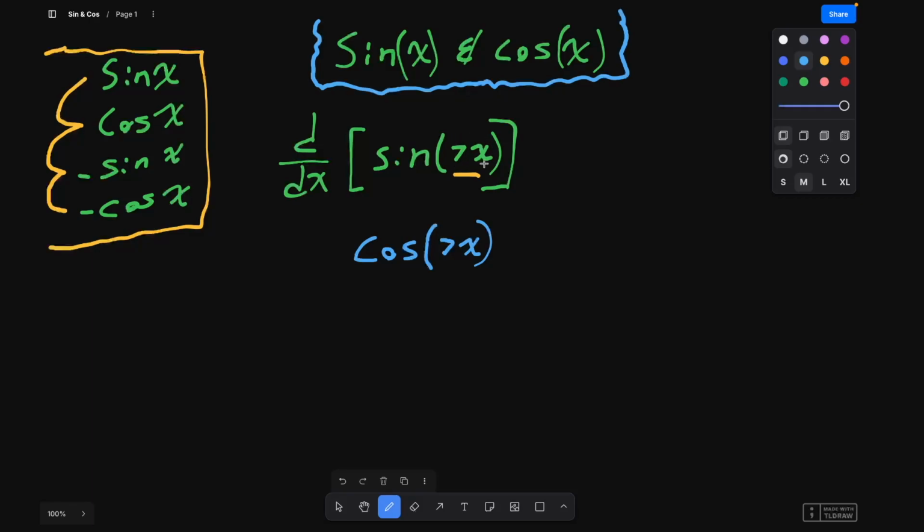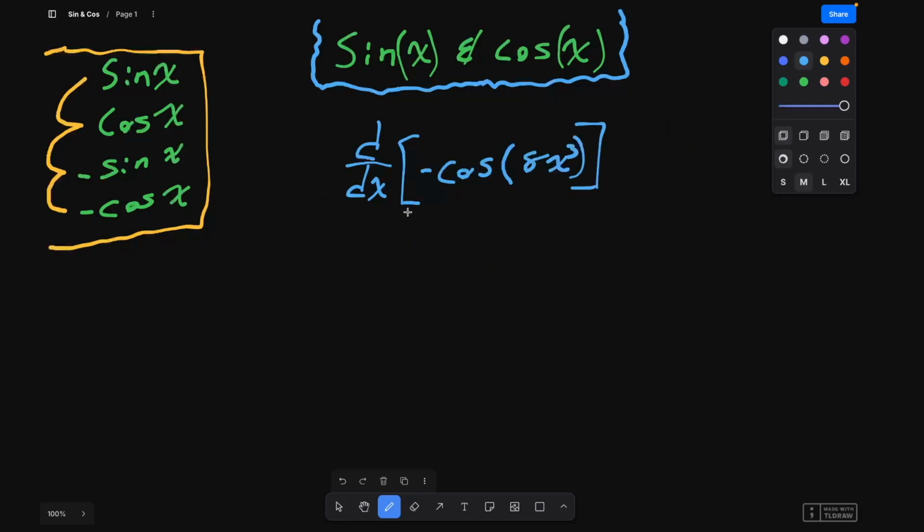We know that this is a constant rule, so if we pull the constant out, and then we multiply by the derivative of x, we have x to the 1 minus 1, which equals x to the 0, which is just 1. So 7 times 1, 7. So we have cosine 7x times 7. I'm going to put the 7 in the front.